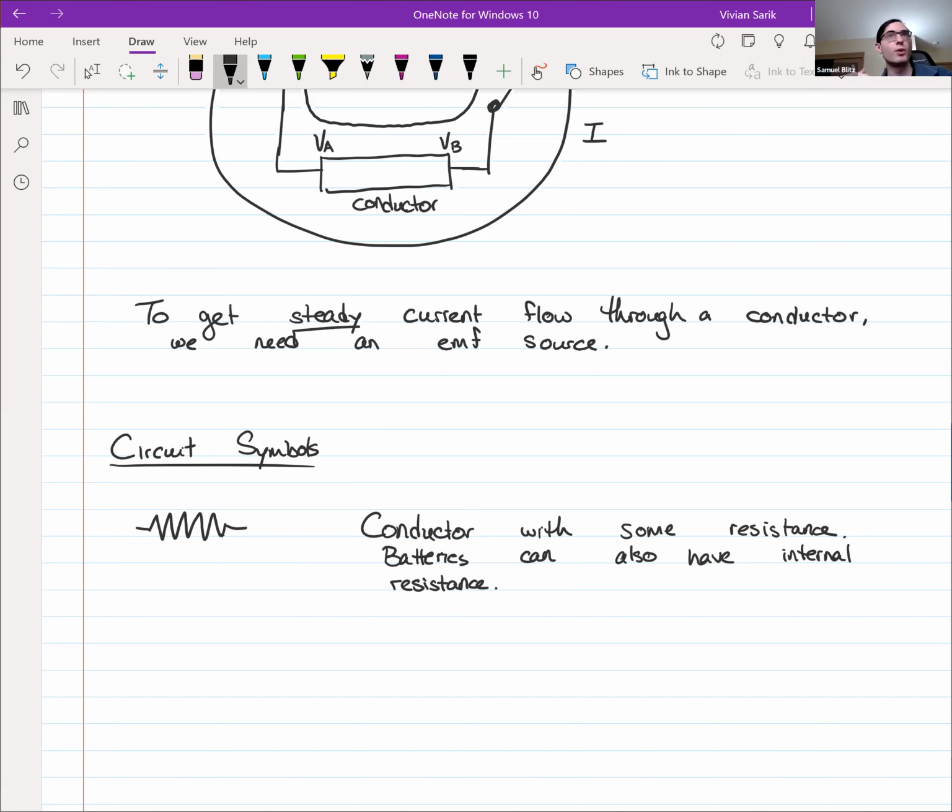And so what you might do if you wanted to accurately model a real-life battery using these circuit symbols is you would draw an EMF source, that symbol for a battery. It looks something like this, with 2 ends, and then you might attach a resistor right next to it to indicate that it's an EMF source and there's a resistance next to it. And I'll go into more detail about that in a minute, but I want to continue with the circuit symbols.